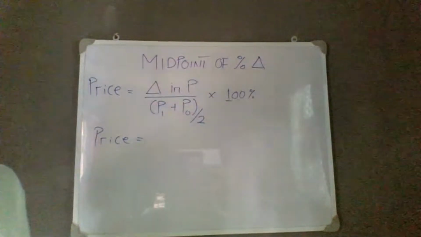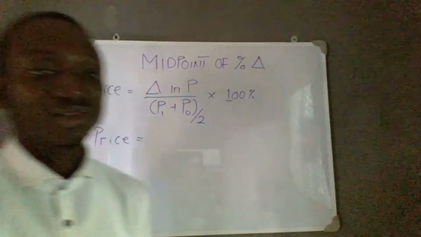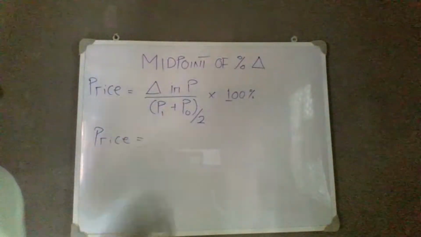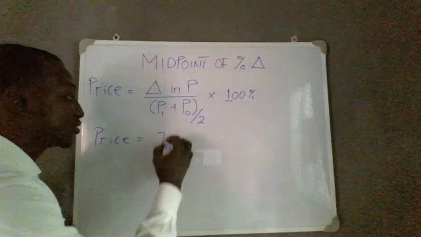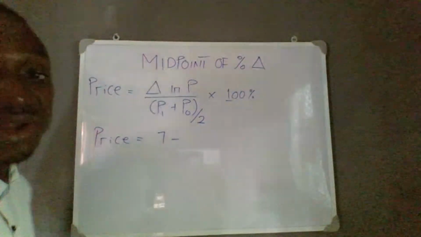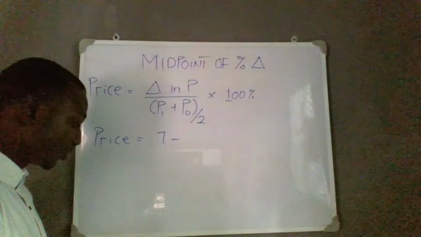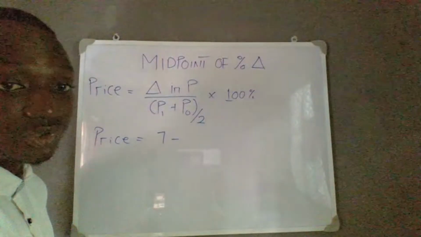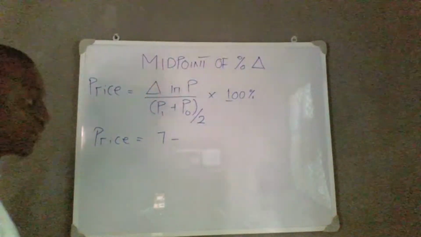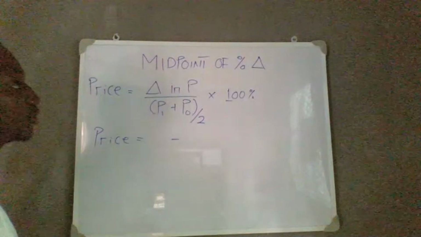So now the old price, which was the initial price, was 10 naira, not 7 naira.